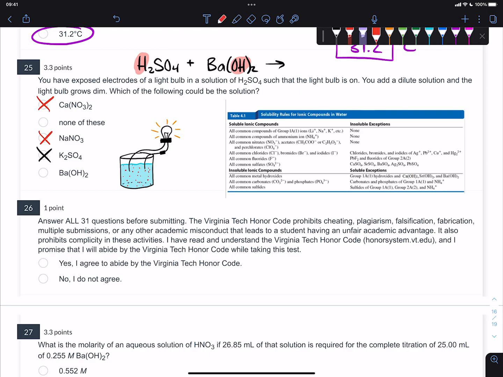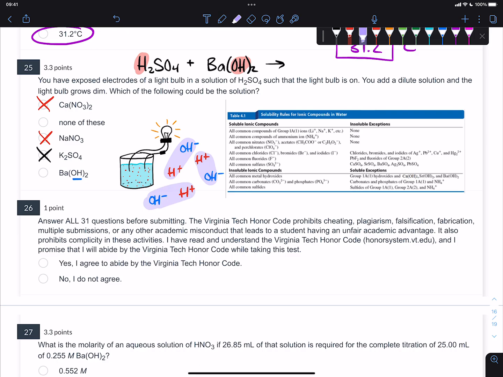So let's think about what's happening in the solution. You have H pluses floating around, along with, of course, the bisulfate, which is the HSO4 minus. If you introduce some hydroxide ions, you add some OH minuses, these are going to link up to form water.